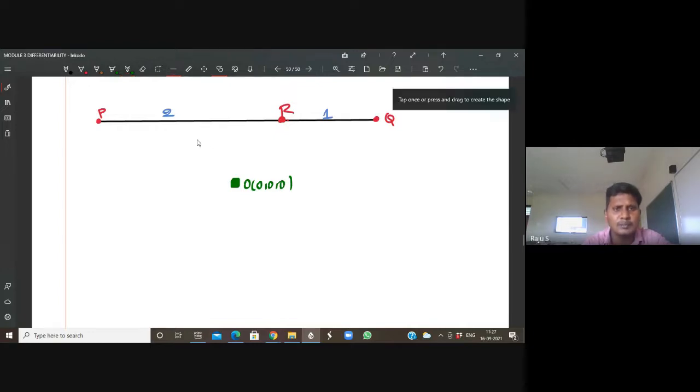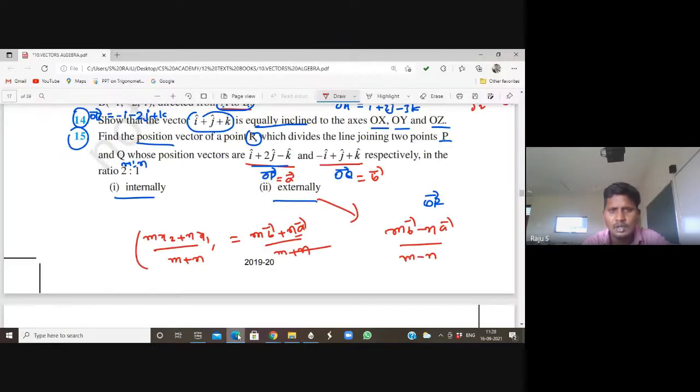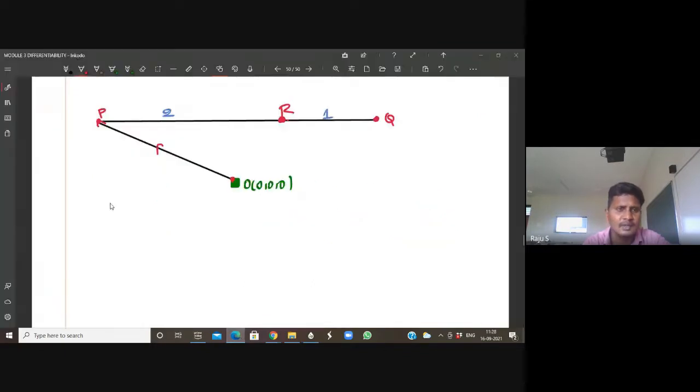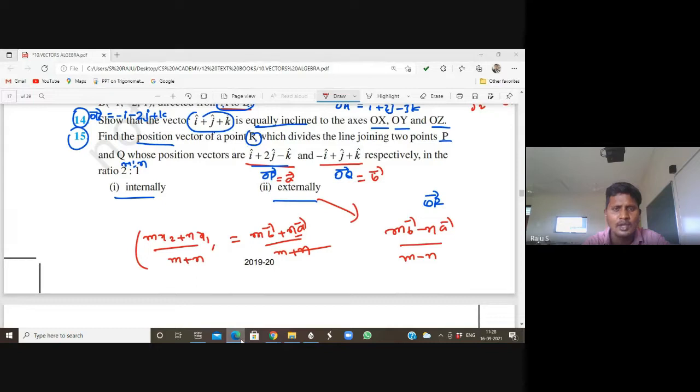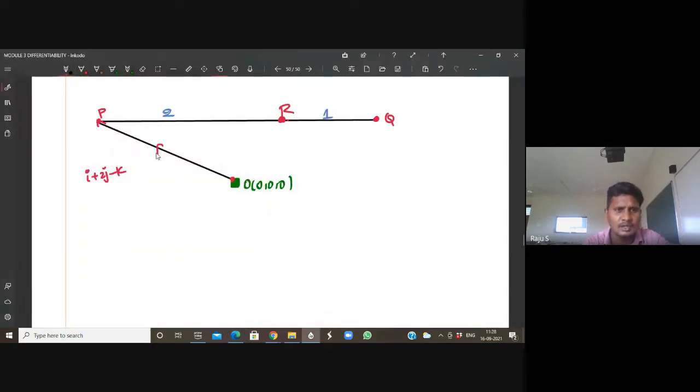The position vector of P is nothing but origin to the point P. This OP gives the position vector of the point P. This vector is already given: I plus 2j minus k. I am going to take this vector as A vector, which can also be written as OP vector. OP is equal to A vector.